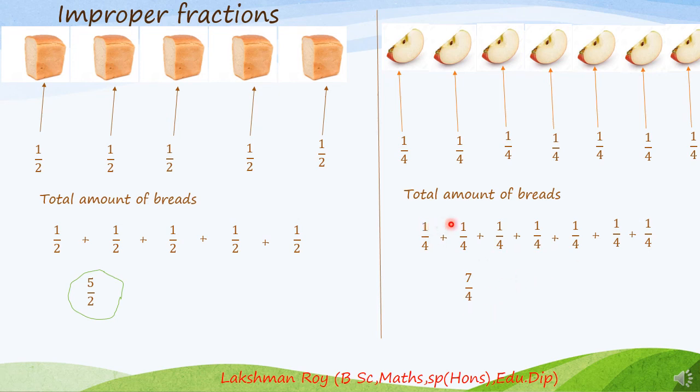There are 7 pieces, so that means 7/4. That is an improper fraction. Why is it an improper fraction? 7 is big, 4 is less. Numerator big, denominator less, so that is an improper fraction. Understand, students?